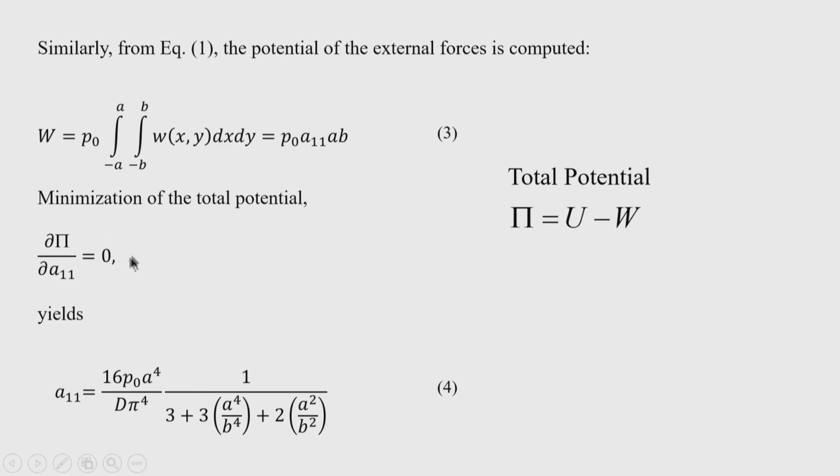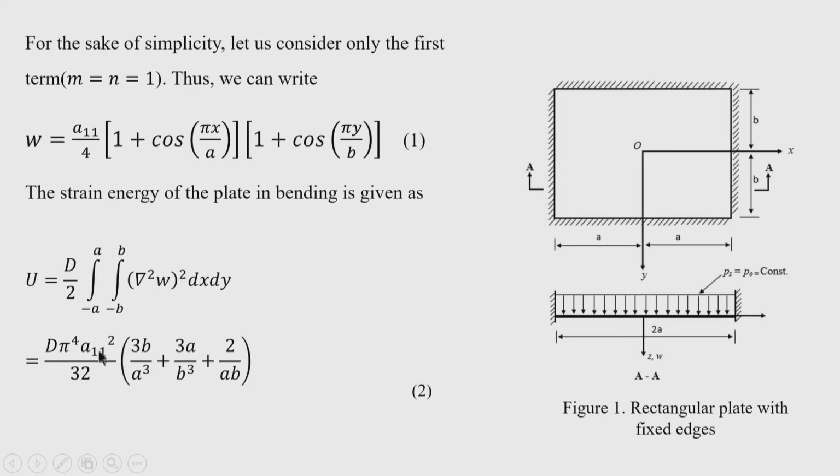Now, after taking the first derivative of total potential, from the previous expression, we get 2 A11. So, the square term of the coefficient is now reduced to a linear term; the quadratic term is reduced to a linear term.